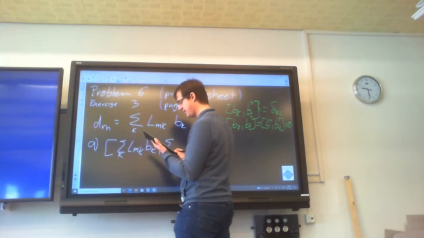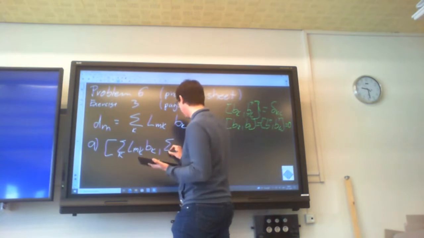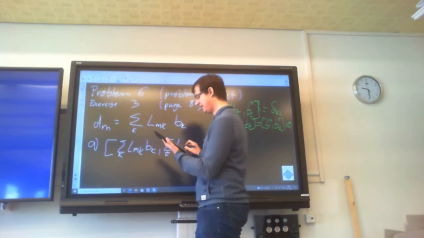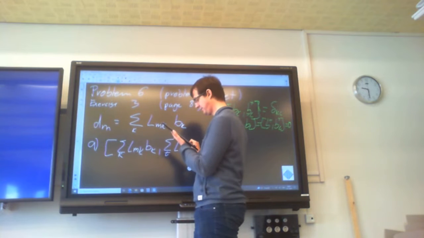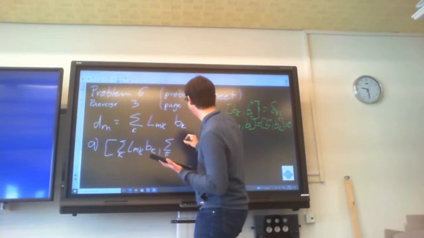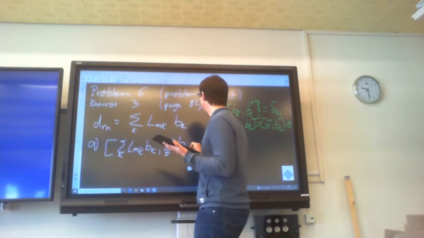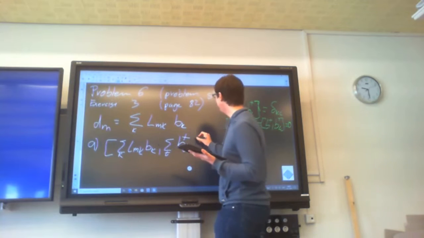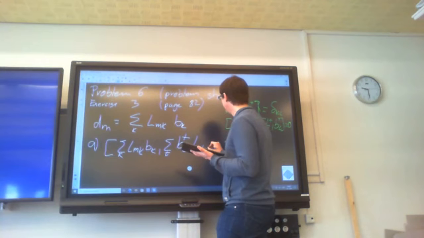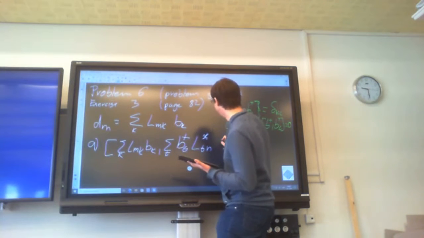Which one is good? Let's use t. L. Let's write it this way directly. We have b_t dagger and also L_mt, and complex conjugate.